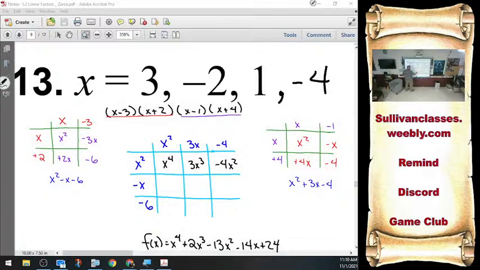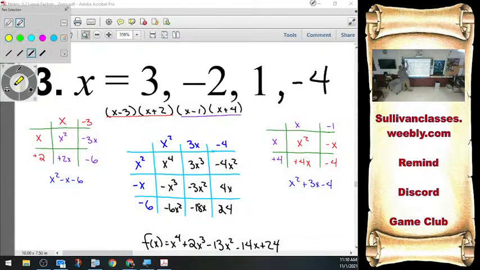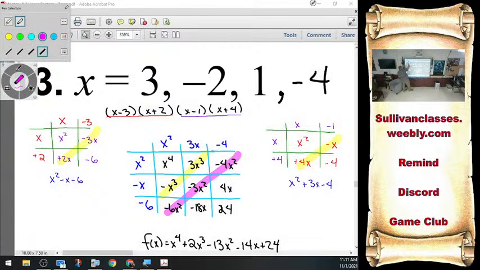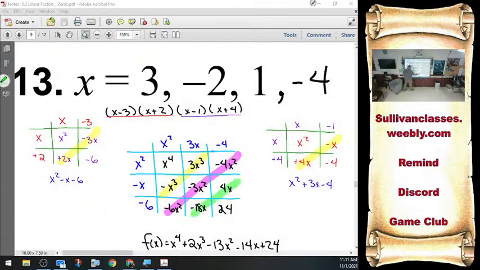It's just a different way to organize it. Negative x to the third, negative 3x squared, positive 4x. Negative 6x squared, negative 18x, positive 24. And then again, your like terms. Okay?